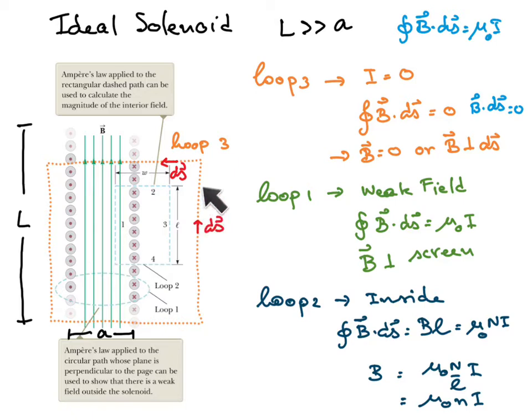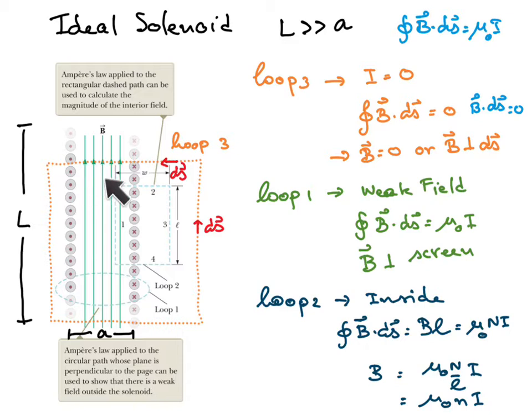Because these two ds form the plane of the screen. So outside the solenoid, the magnetic field must point into the screen or out of the screen.